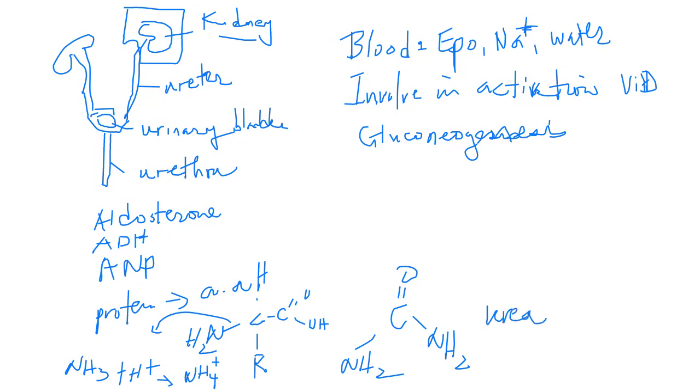Okay, it's part of the urea cycle if you want to read it up. And this also has to be eliminated from our body. And that's exactly what the kidney does: it can eliminate this whole bunch of waste that has nitrogen in it. So we call it eliminating nitrogenous waste.